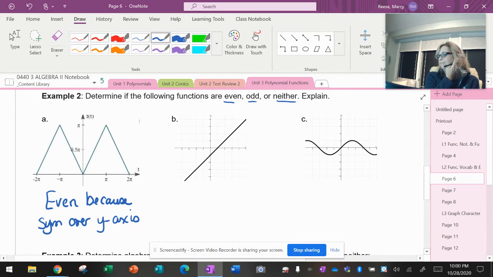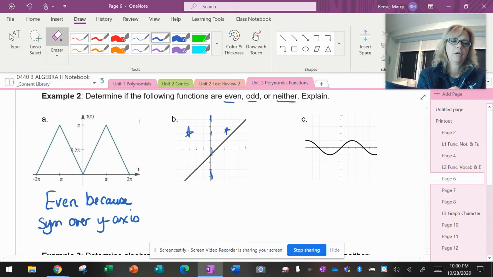Okay, how about B? If I fold it at the y-axis, do I have the exact same picture on this side as I do over here? No, I do not. That is not even. What if I were to rotate it 180 degrees?